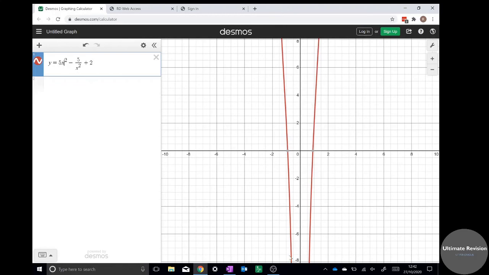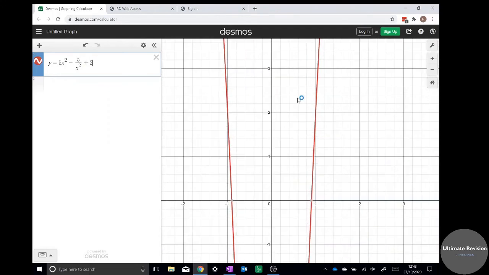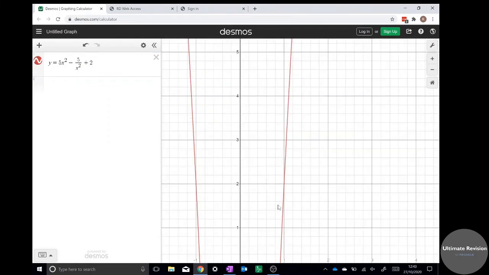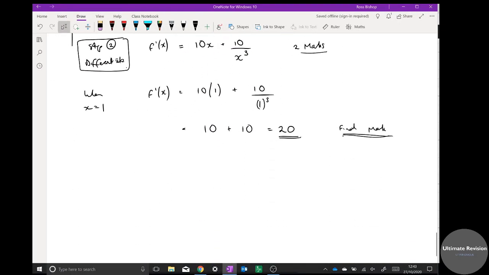Right, there's my curve, and it was at the point 1, 2. At 1, 2 there, you can see that's quite a steep gradient there, and I'm confident that's going to be 20. If you were to draw a big triangle on there, you would get 20 as an answer, so that's a good test.